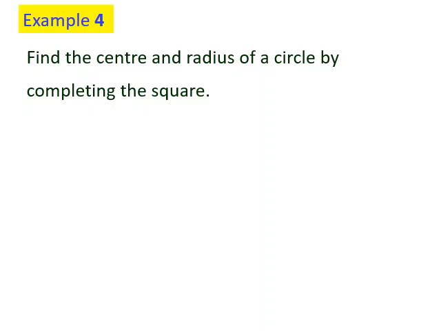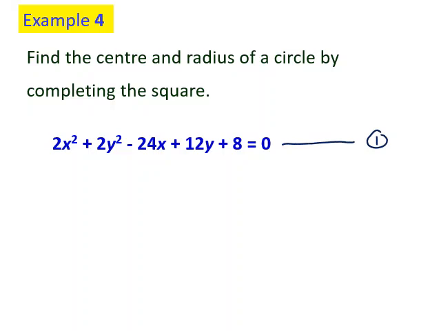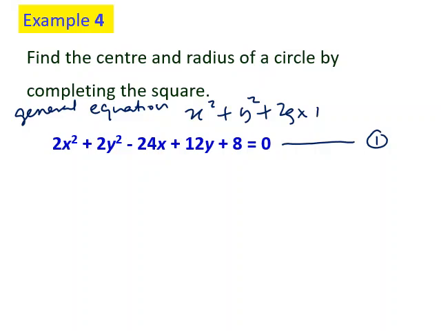Now let's proceed with example 4, where you are asked to find the center and radius of a circle by completing the square. You're given 2x^2 + 2y^2 - 24x + 12y + 8 = 0. Let's say this is our first equation. We know that the general equation is x^2 + y^2 + 2gx + 2fy + c = 0, so the coefficients of x^2 and y^2 equal 1.